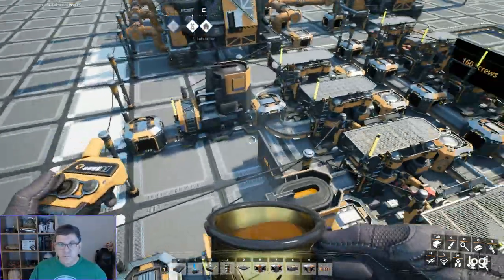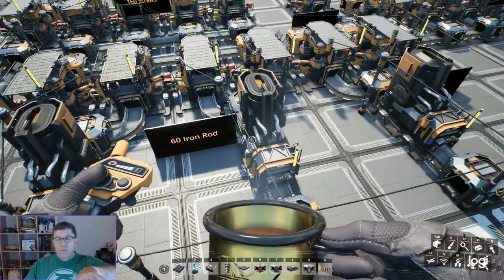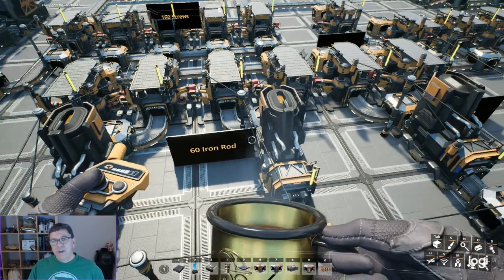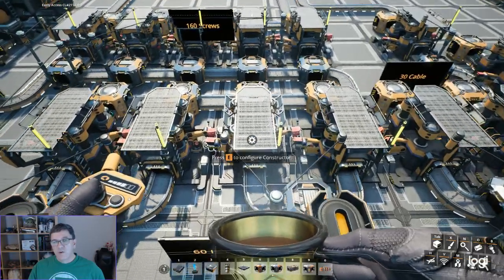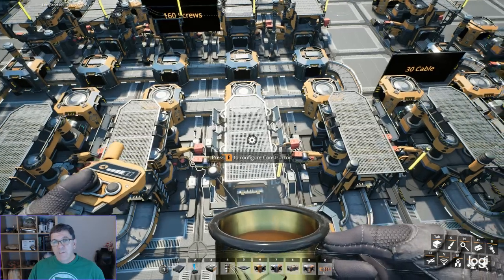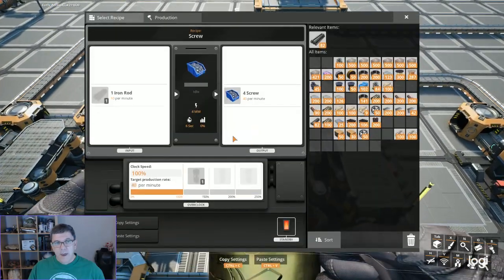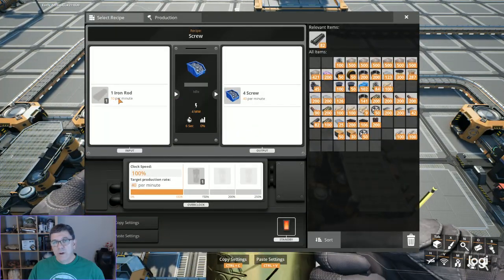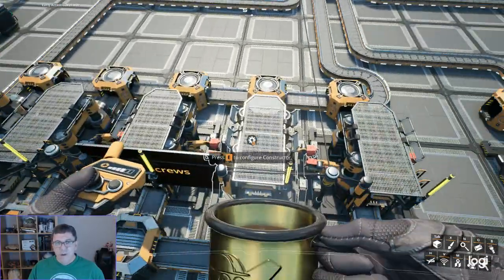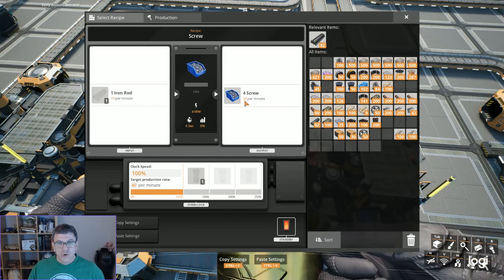Then we're looking at 60 iron rods per minute. Again, we make 30 ingots and split that into 15 and 15 ingots to make the rods, because we only need 15 ingots to make 15 rods. But that makes us 60 iron rods per minute, and we need 10 iron rods per minute per screw constructor, and we've got 1, 2, 3, 4, 5 to make 5 times 40, or 200.